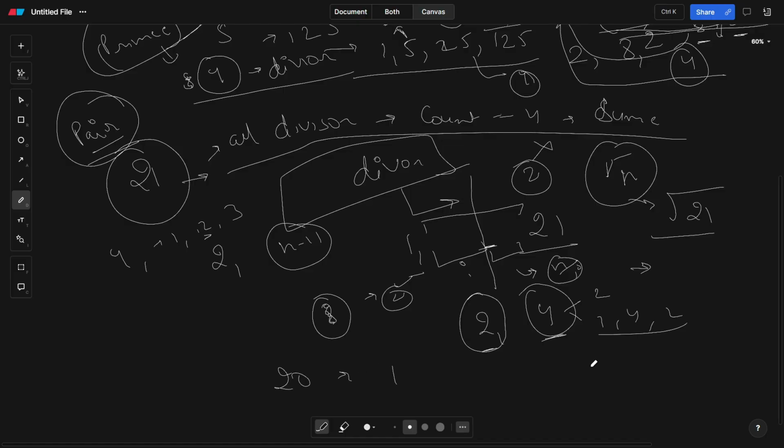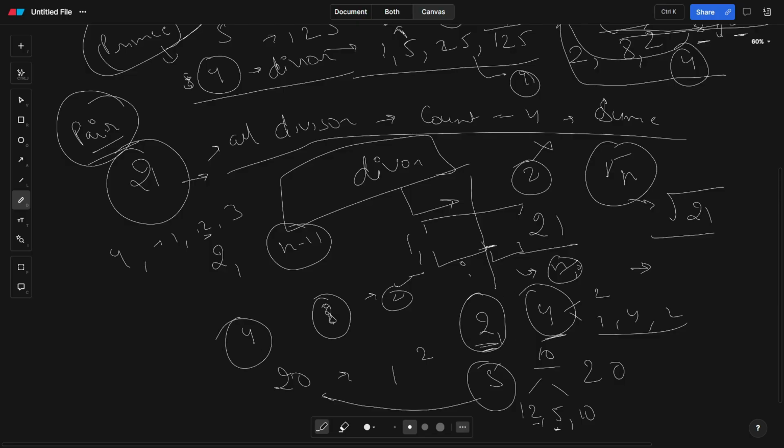So 20 has 1 and 20. The first number we will find is 2, and dividing 20 by 2 gives 10. Now 10 has 2, 5 and 10. 2 is already present, and 5 will again contribute a divisor of 20, thus not limiting it to 4.